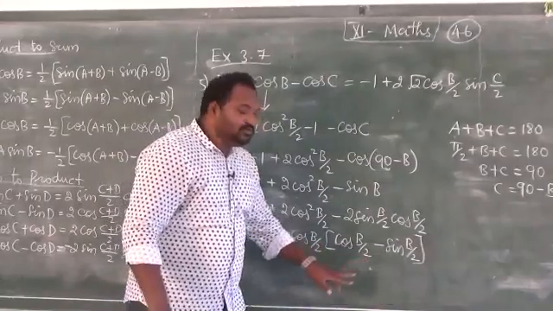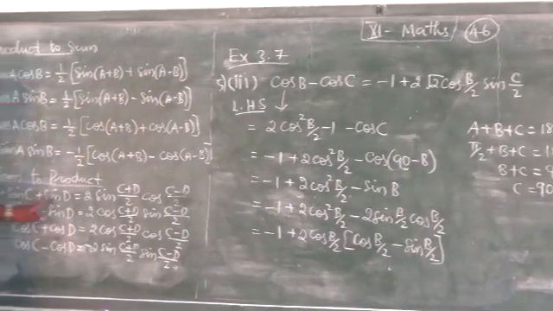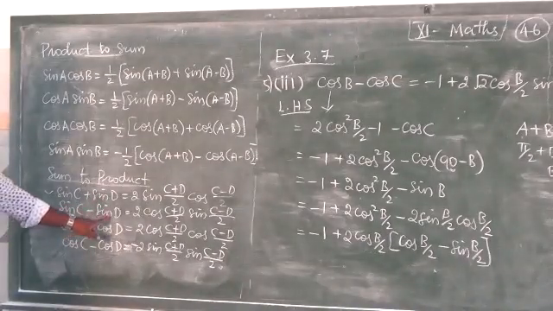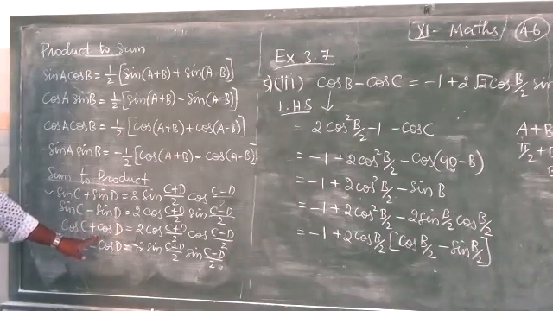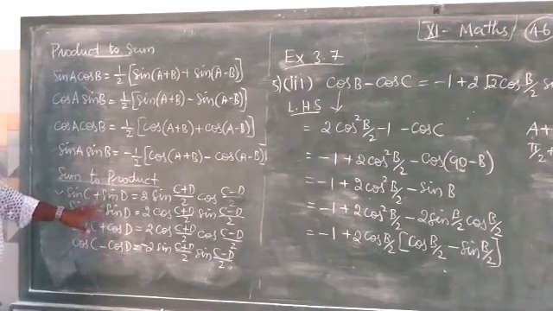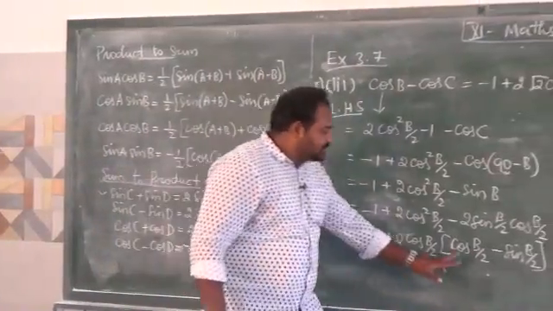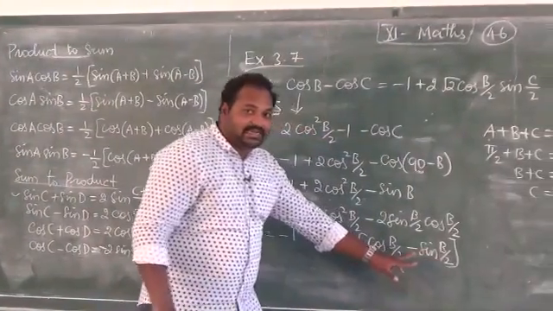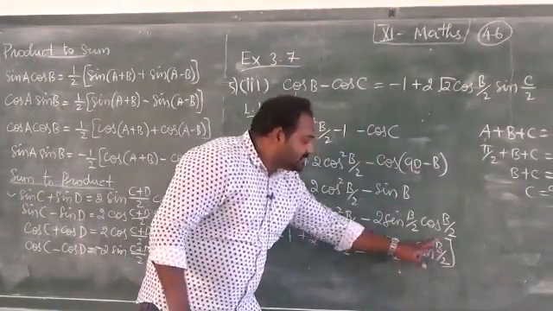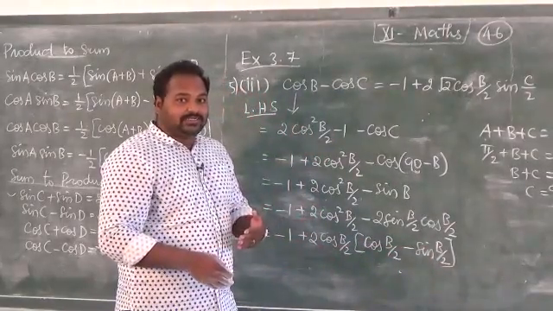It is a sum to product identity, but we have only sin C plus sin D, sin C minus sin D, cos C plus cos D, cos C minus cos D. Here there is no interchange in the ratio. But here we have cos minus sin. Here we need a cos function, not a sin function, so I am going to change it into a cos function.